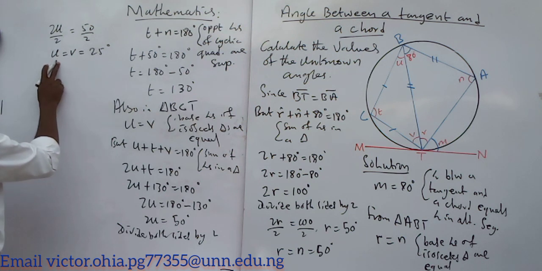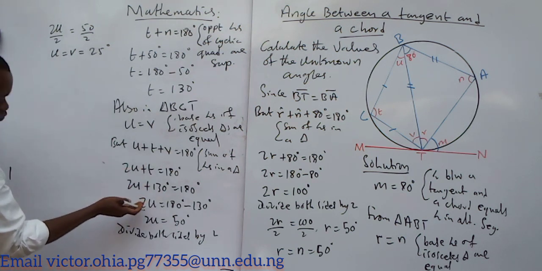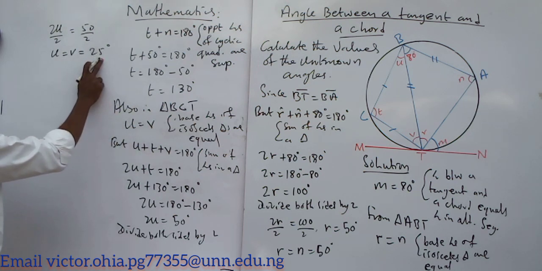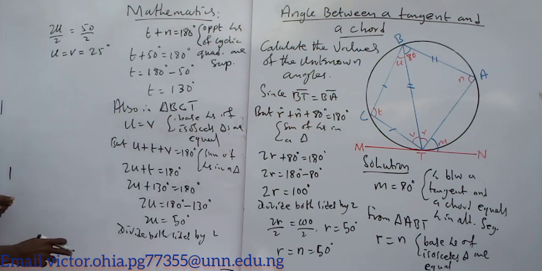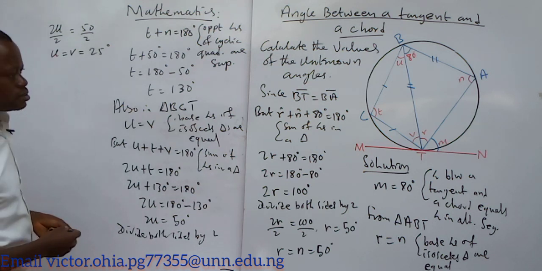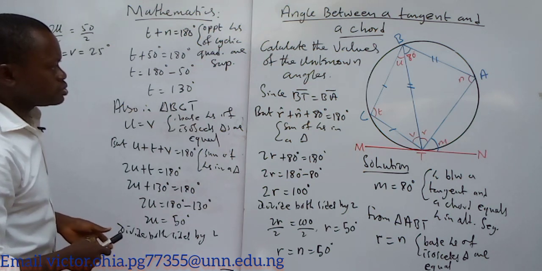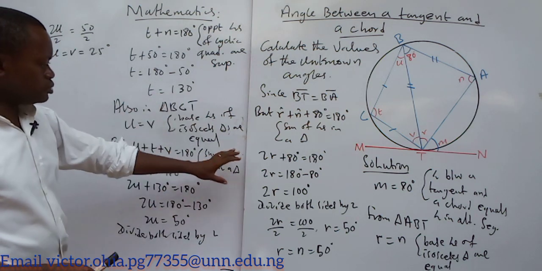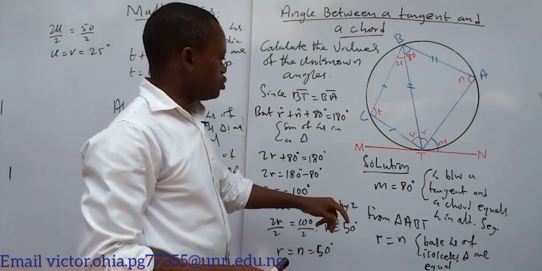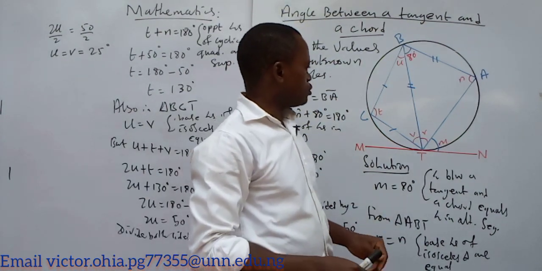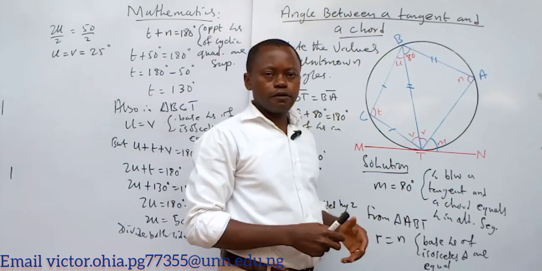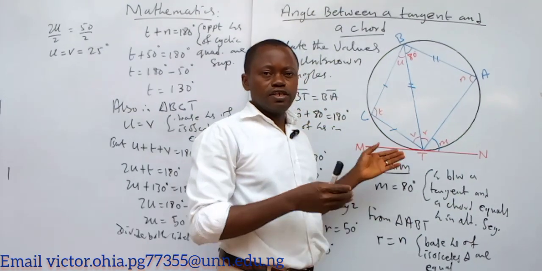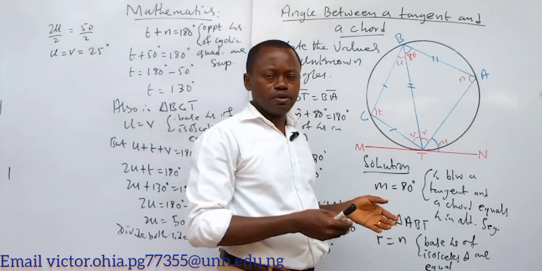So this u, which is equal to v, because we have already defined that somewhere here, is equal to 25 degrees. I am thinking that is the last unknown angle in that question. So we have been able to solve and obtain the values of all the unknown angles in this problem, and I am sure that the explanation I gave is very simplified.